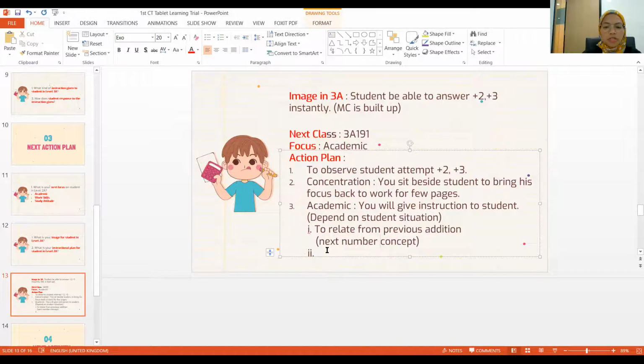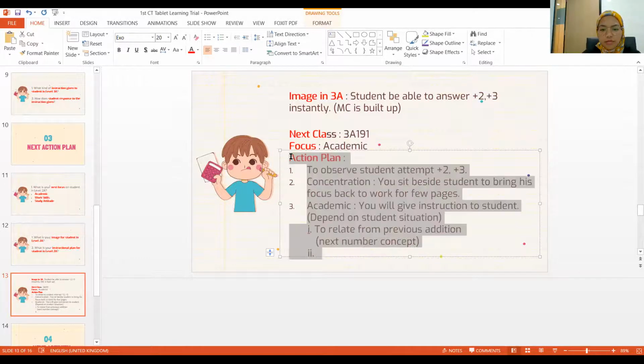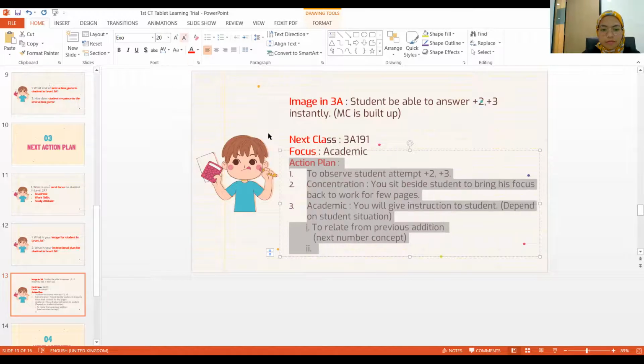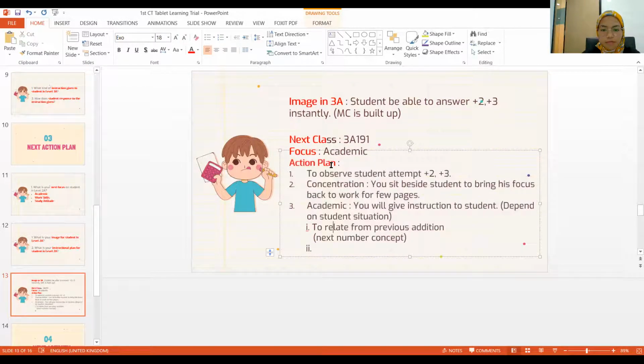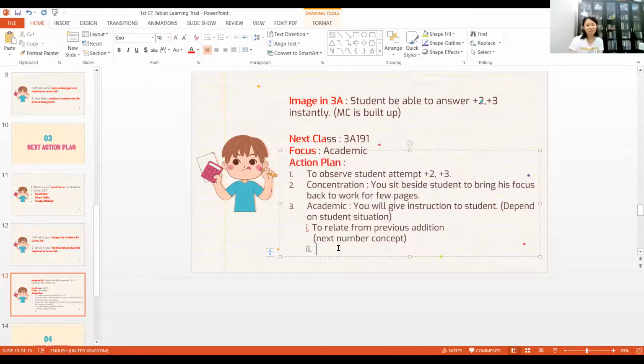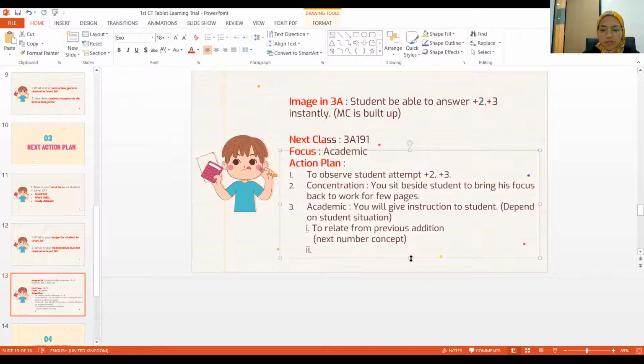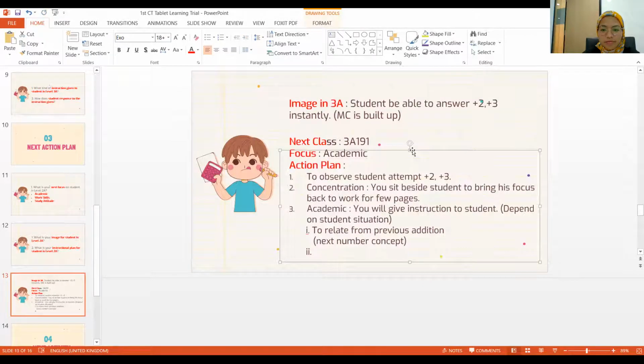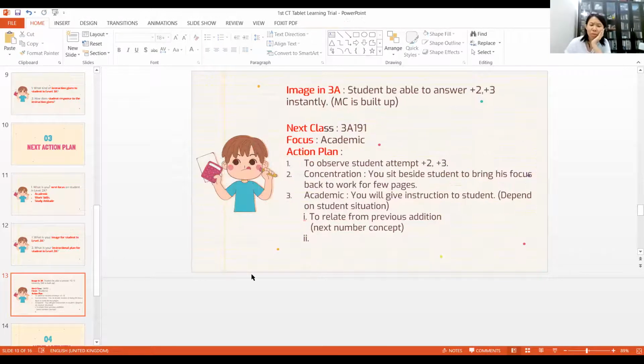Usually, what kind of instruction do you give to students? Not only Aneeq, how about other students? What kind of instruction do you give? Yeah, mostly the three are related to the previous number, right?